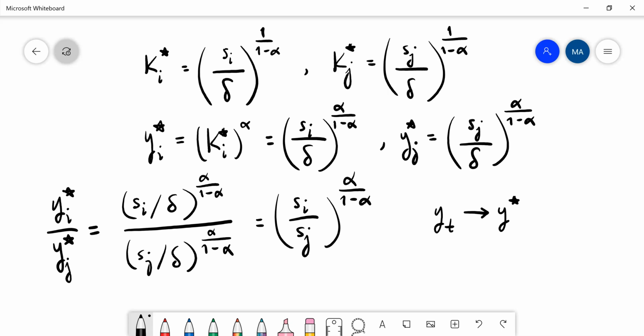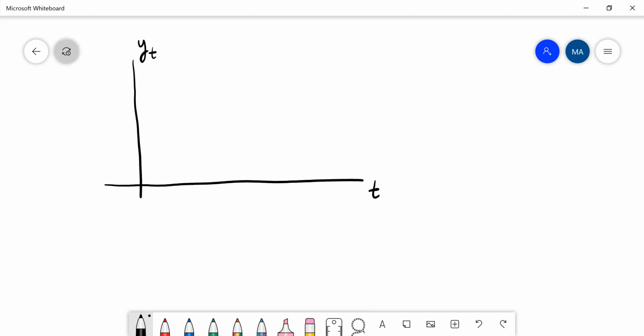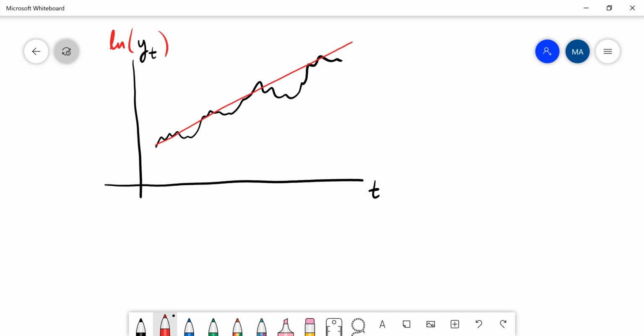Okay, so if you think of going to the World Bank website and downloading some data, and if you draw, let's say, GDP per capita in some country, you may get something like this. Actually that would be the natural logarithm of it, but in the long run, it will exhibit some sort of growth, right?